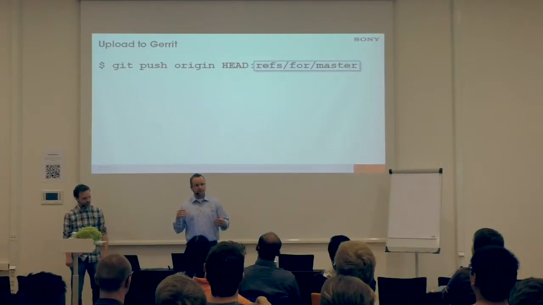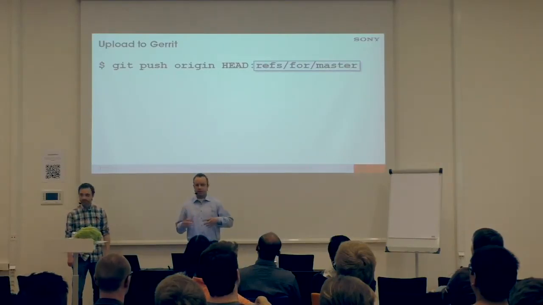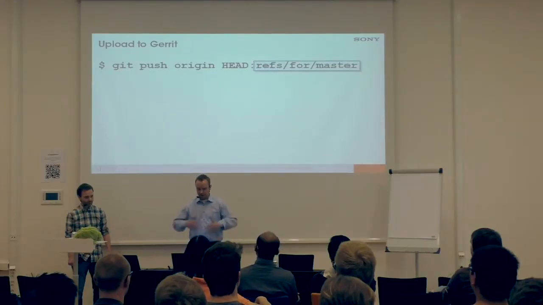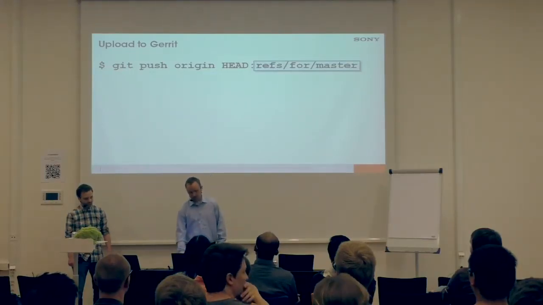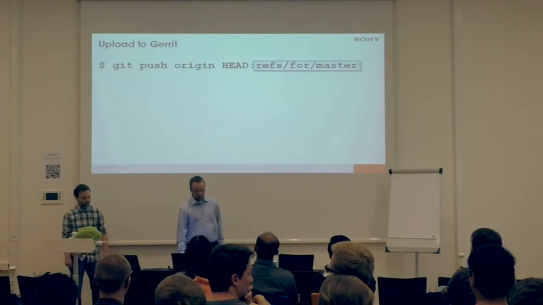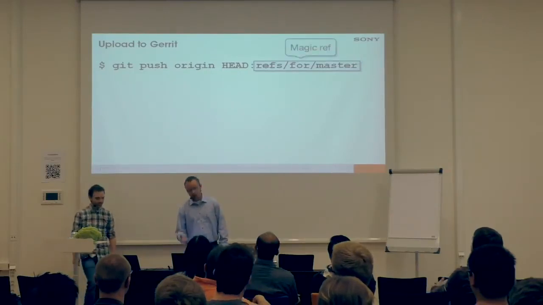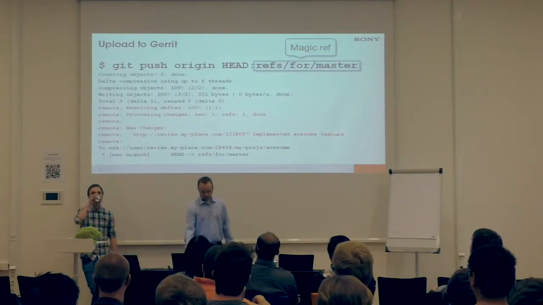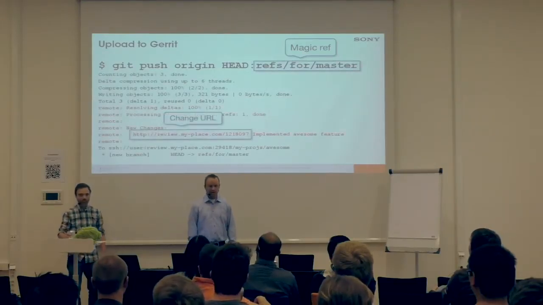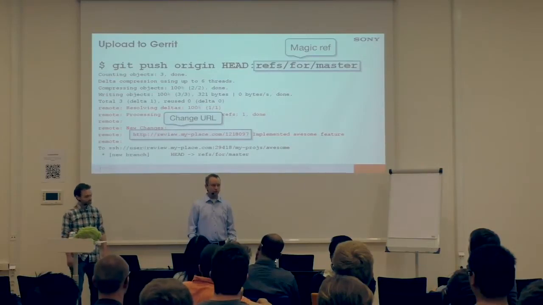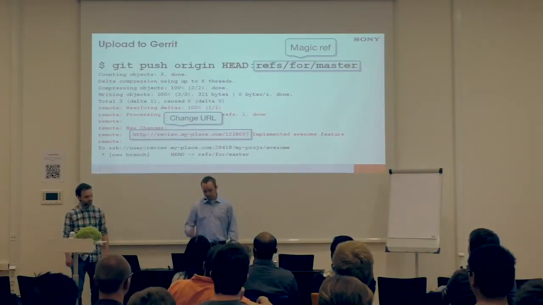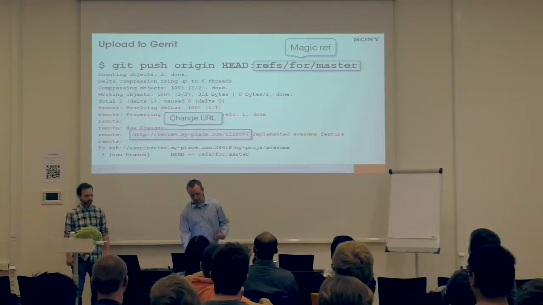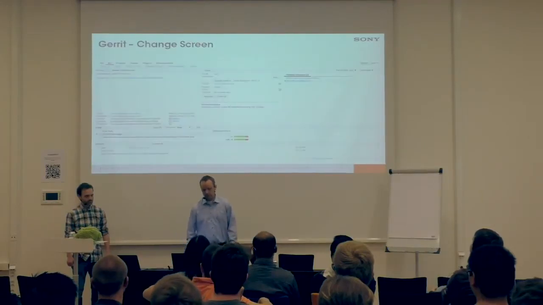It tells Gerrit that this revision is meant to be uploaded as a change towards the master branch. It's called the magic ref in Gerrit lingo. In the output that you get from this command, you also get a nice URL, which is the URL to the Gerrit UI. We'll take a quick look at the Gerrit UI, since that's where the code review happens.